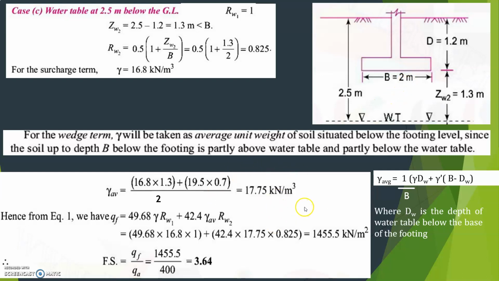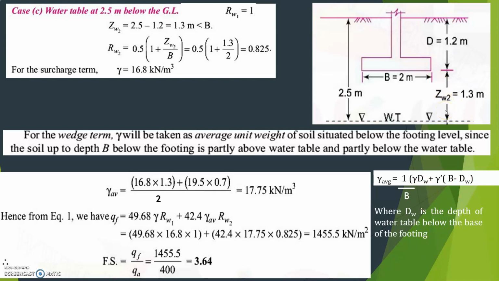This I have explained in the last video. You must be knowing that to calculate gamma average you have to use this formula: gamma average is equal to 1 divided by B into gamma dW plus gamma dash into B minus dW, where dW is the depth of the water table below the base of the footing, that is this depth.